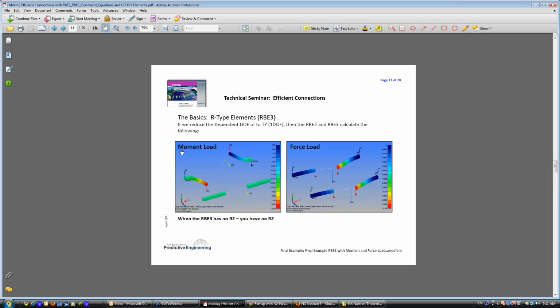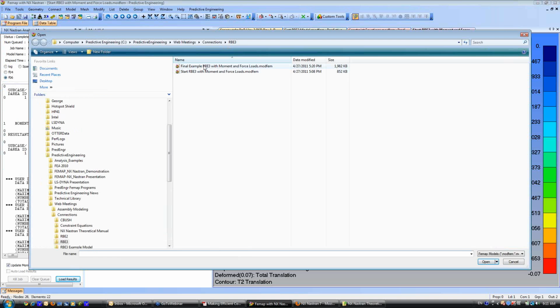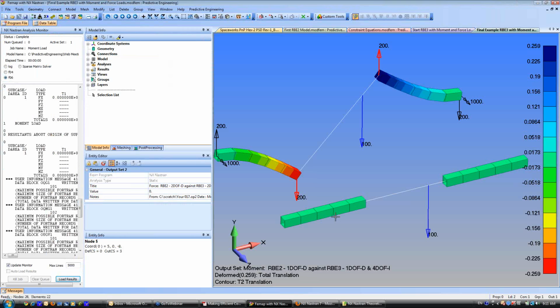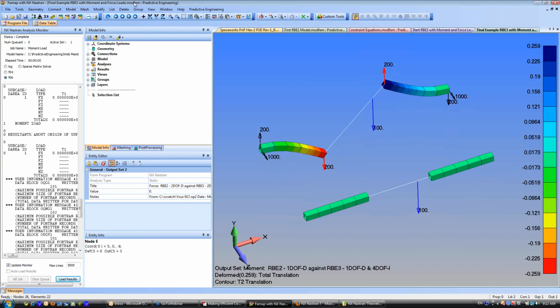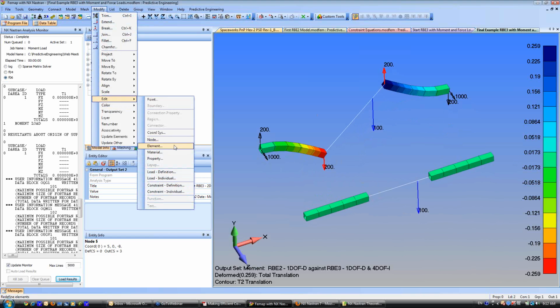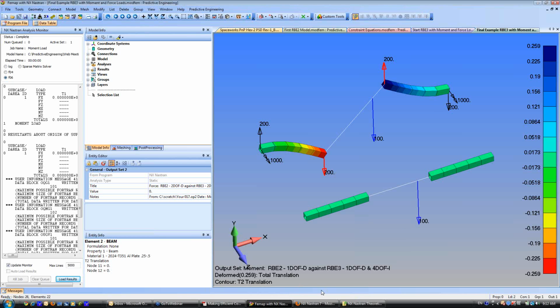Okay. More RBE3s, moment load, force load. Now we're saying we have a RBE2. We're only transmitting rigidity in the y direction, and it's for a moment.